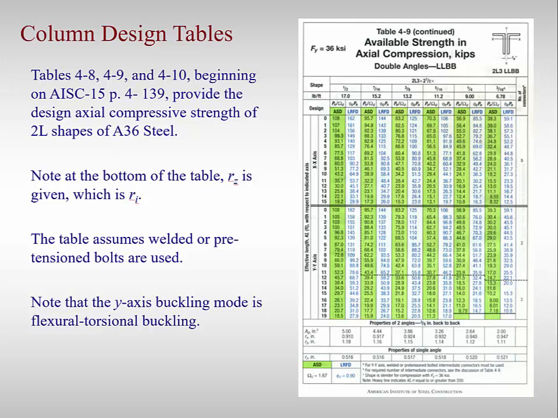Again, due to the different buckling modes in each axis, separate design values must be given for both the x and y axes. It is important to note that the tabulated values in Tables 4-8 through 4-10 are for pre-tensioned fasteners or welded connections. The far right column indicates the number of intermediate fasteners that are needed to achieve the values reported in the table.